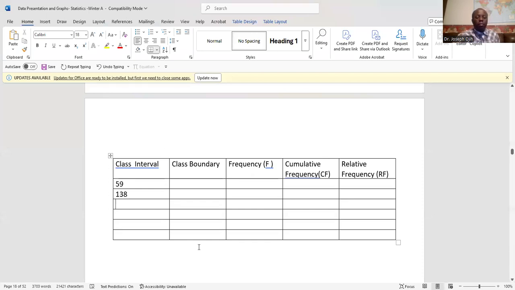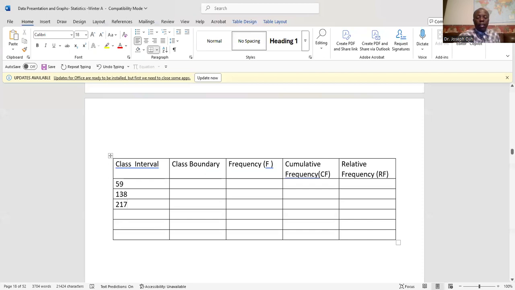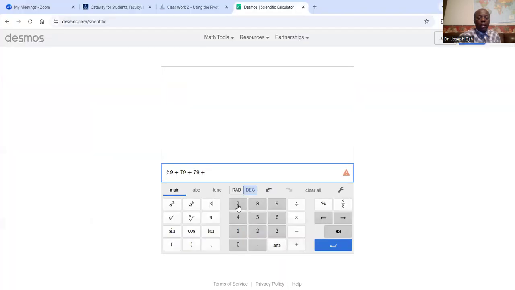The next one is plus 79, which gives 217. So I put 217 right there. You keep adding 79, which is the class width, until you reach the 5th class.